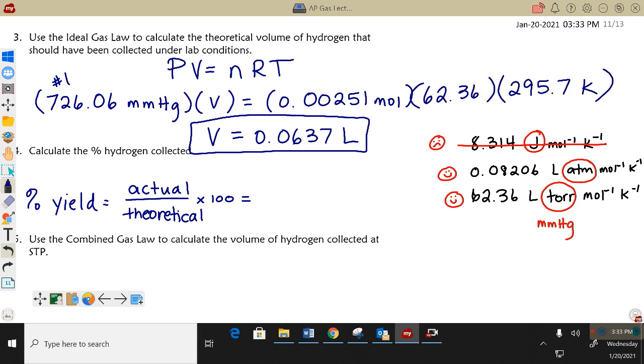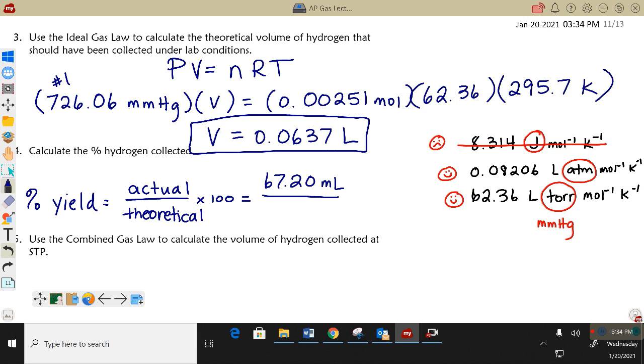If I go back and look at my data, we collected about 67.20 milliliters. The theoretical is always calculated. If I really produced 0.00251 moles of hydrogen gas, then what should have been the volume? That's just your answer from number 3.